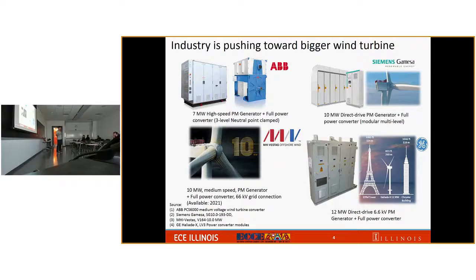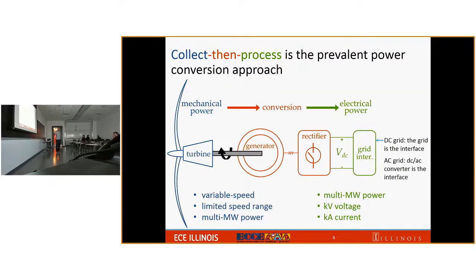Let's look into the common power conversion architecture of these high power wind turbines. We have a wind turbine producing mechanical power, and we need to deliver that mechanical power into the electric power grid. The grid could be a DC or an AC grid.